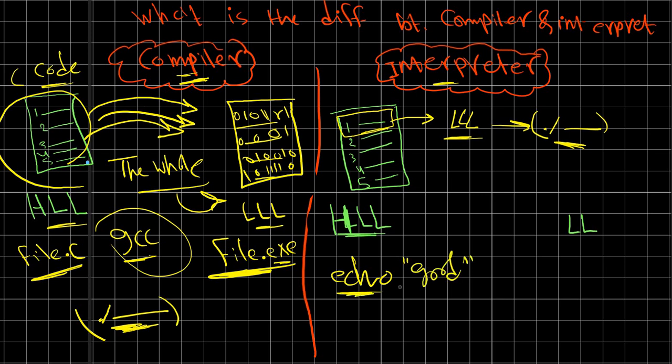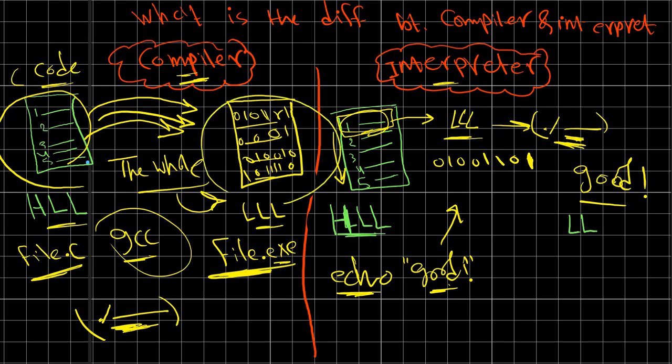He takes this, understands this command is found, transforms it to 01001101, and executes it. The execution says good on the screen. This is what the interpreter does. So the interpreter works and executes one line at a time, from the beginning of the file to the end of it. But the compiler does the whole compilation process by itself and gives you an executable file. You must execute it by yourself.